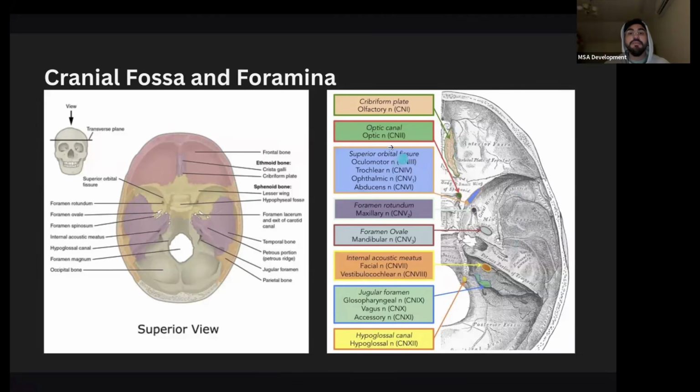Now, coming to the foramina in the cranium, all right? It's very important that you know them. Very high yield, and you are expected to be able to identify it and name what passes through it. Okay. So here we have our frontal bone.